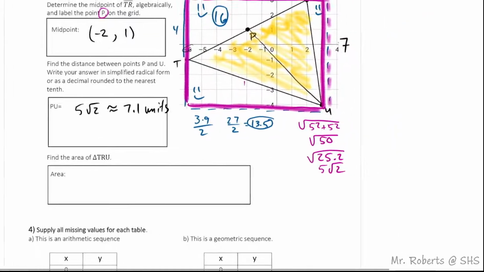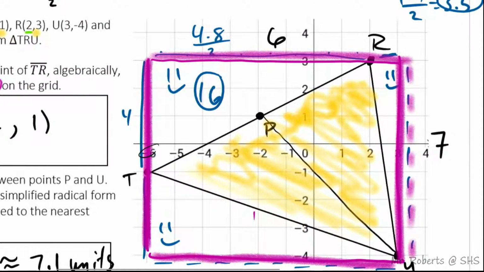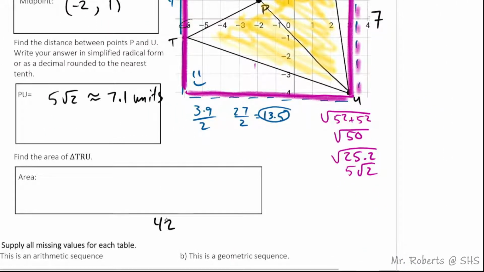It's not 6 times 7. This is a 9, so I need 9 times 7. This whole rectangle has an area of 63.